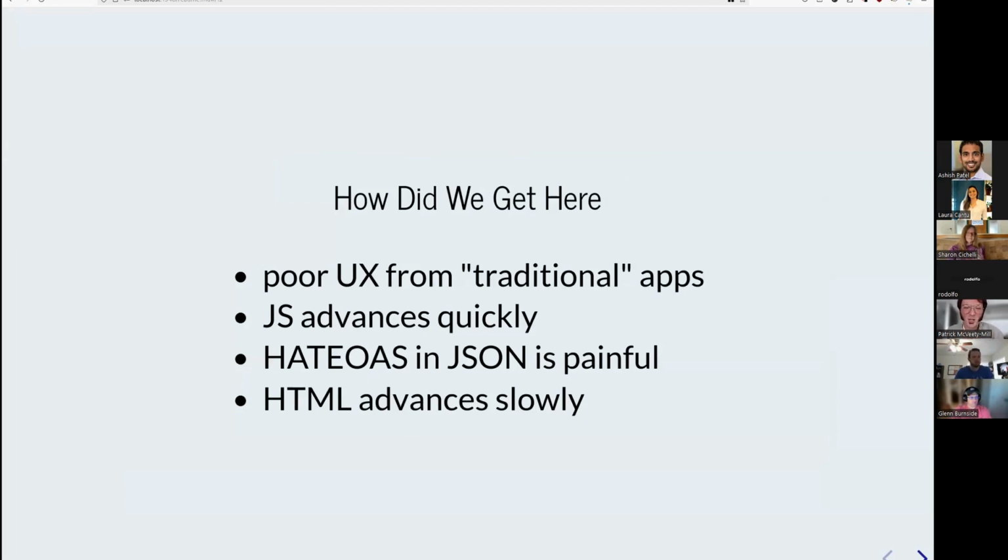It's pretty well understood that our traditional, web 1.0 apps that just use those hypermedia controls is a poor UX these days. It feels clunky. The whole page refreshes. There's no bells or whistles. It doesn't feel as smooth. So people didn't like that.